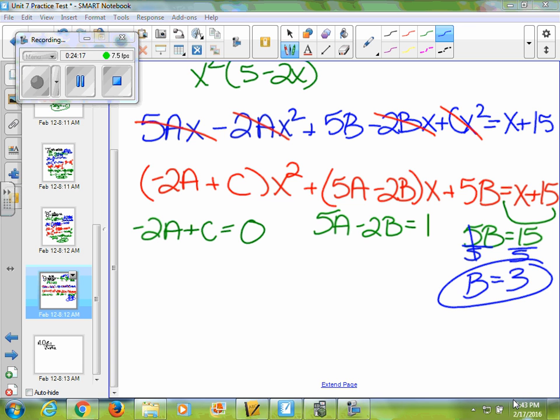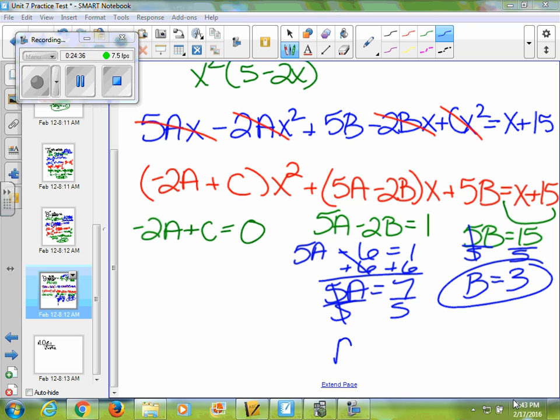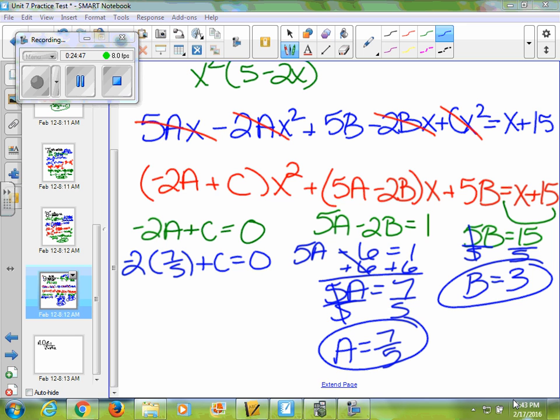Okay. If I then keep working backwards and try to solve 5a minus 2b equals 1, I get 5a minus 6 equals 1. Add 6. So a equals 7/5. And then if I keep going backwards, negative 2 times 7/5 plus c equals 0.